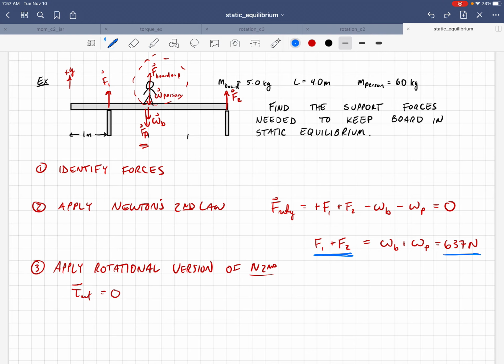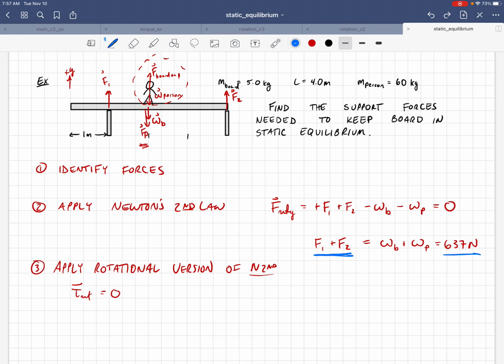And so we want to think about our extended object. Again, we've got 4 different forces acting on the object, and 2 of them, these 2 right here, we actually know the magnitude of, and F1 and F2 are forces that we don't know the magnitude of. And so we want to choose a rotation point that allows us to most simply analyze the torque.